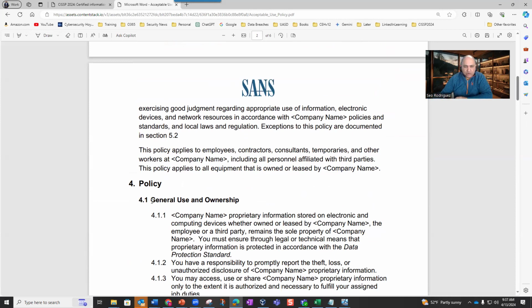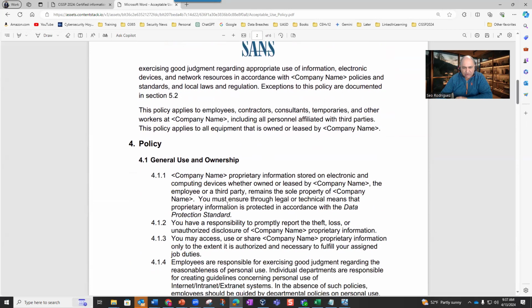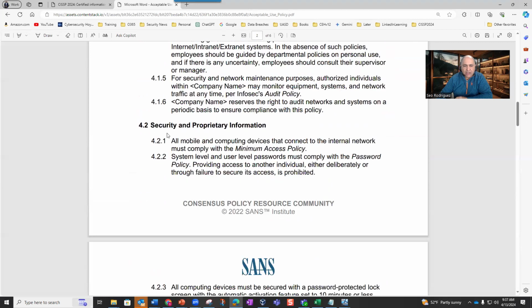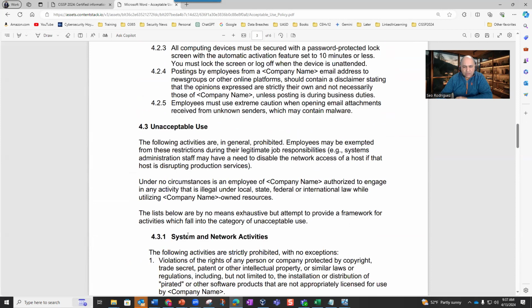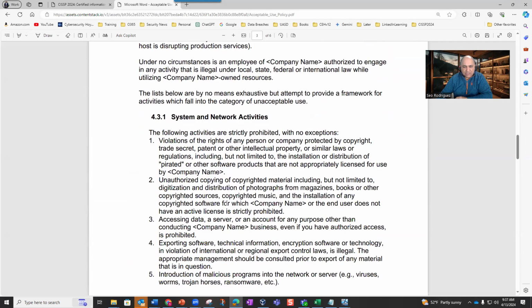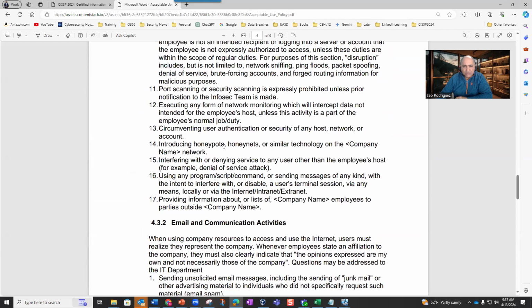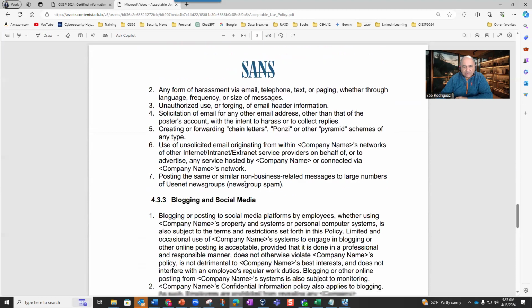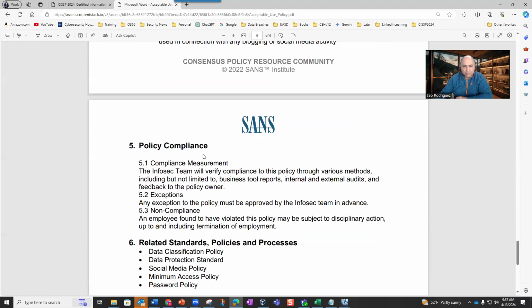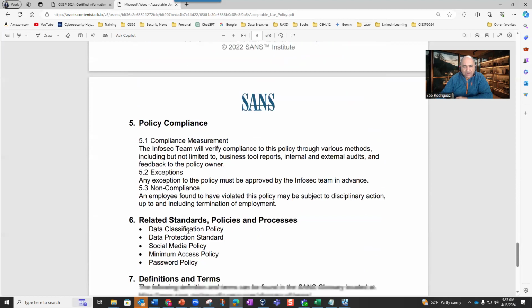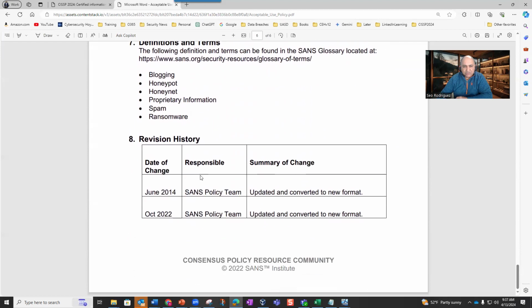Here you specify the general use and ownership, and there are different sections over there: security and proprietary information, the acceptable use, systems and network activities, email and communication activities, blogging and social media, for example, policy compliance, related standards, definitions, revision history, really important as well.